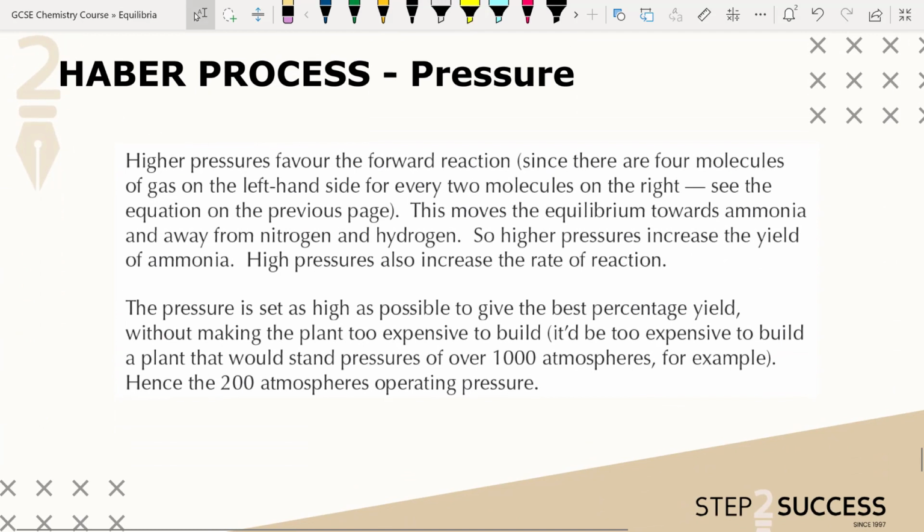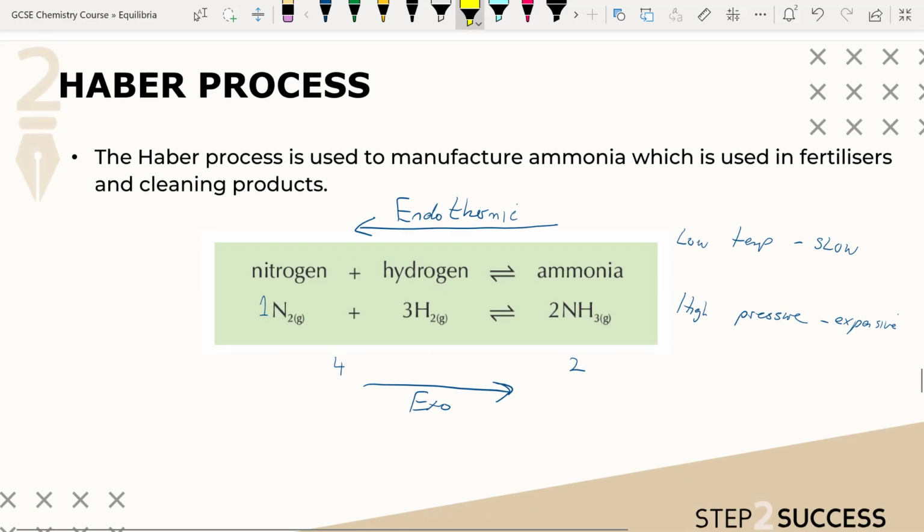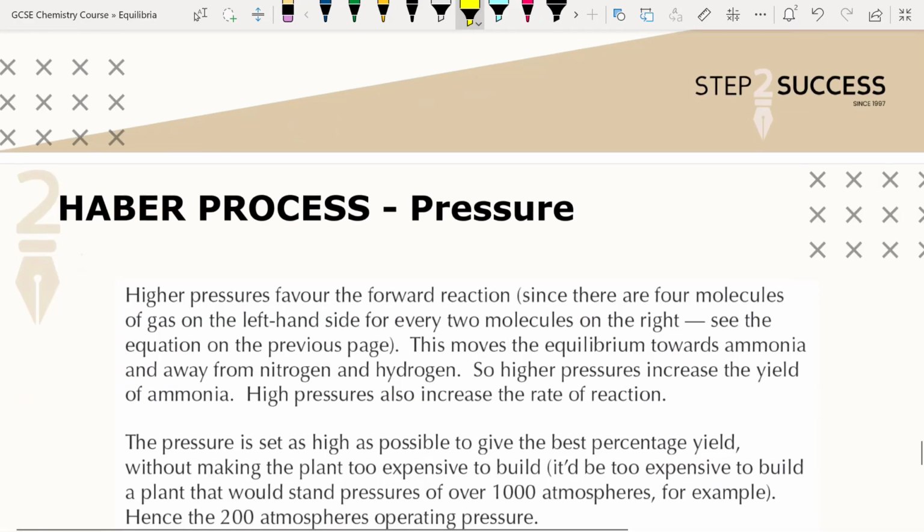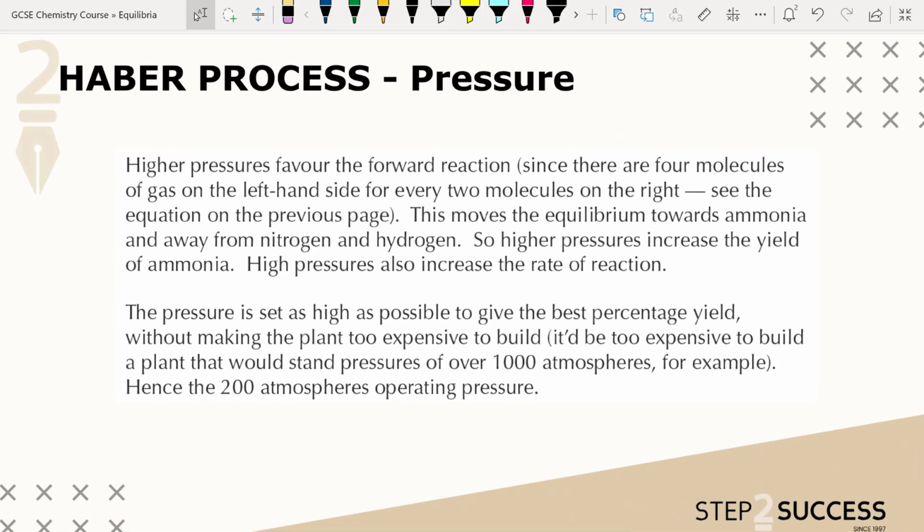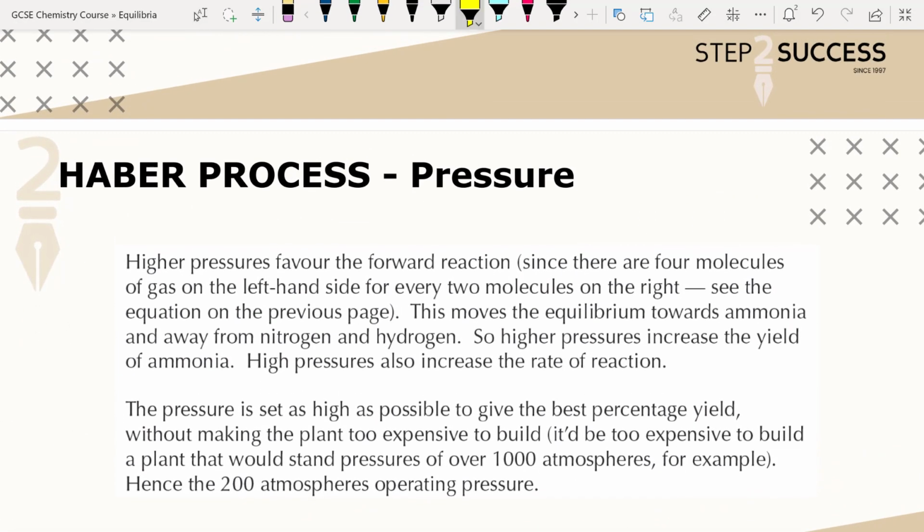And similarly, as we saw with this, higher pressures favour the forward reaction because there are 4 molecules of gas on the left-hand side and 2 molecules on the right. Just to show you that again. So increasing the pressure favours this direction because there are fewer gas molecules on the right-hand side. And so this moves the equilibrium towards ammonia and away from nitrogen and hydrogen, which is what we want. So higher pressures increase the yield of ammonia.